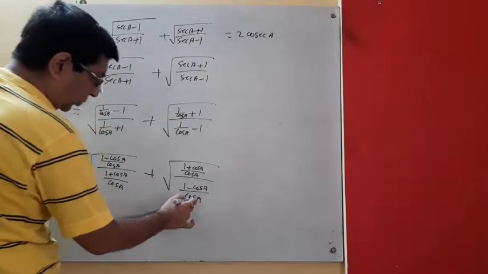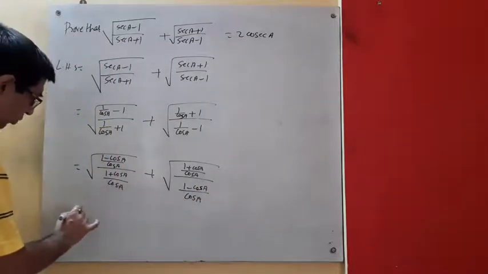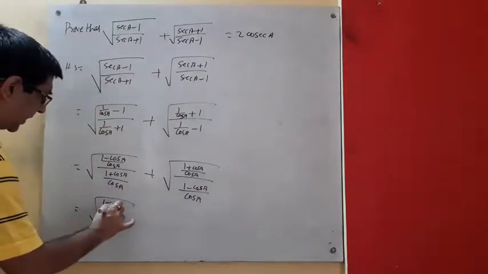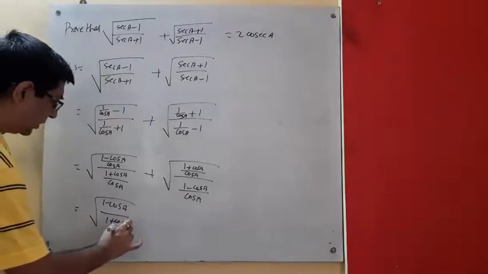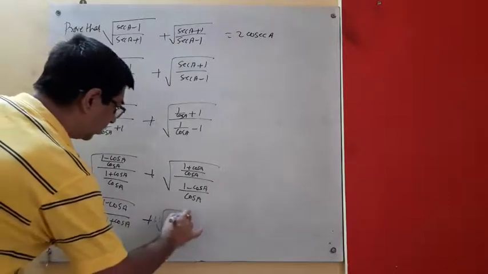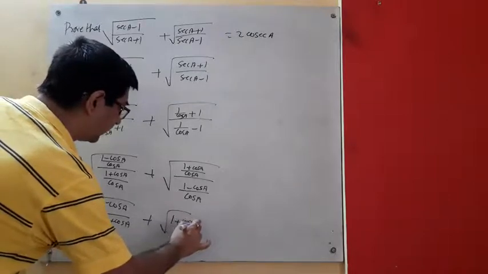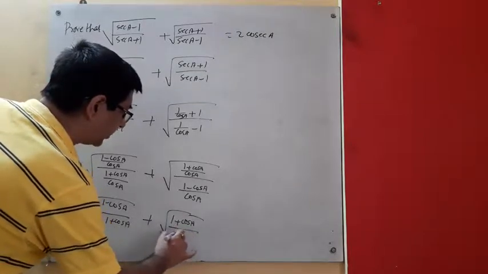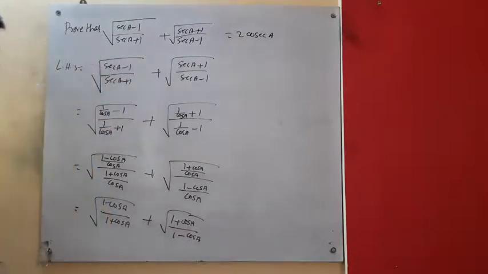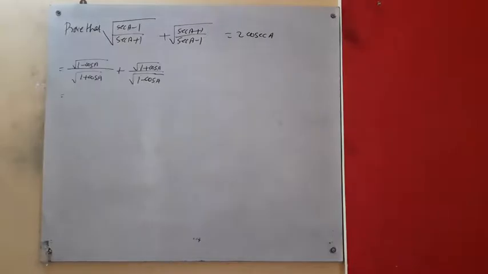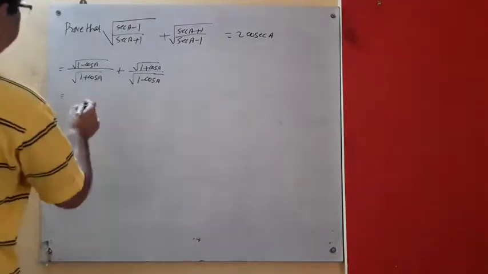Look, this portion cancels, this one cancels. So what are we getting? 1 minus cos A by 1 plus cos A, and 1 plus cos A by 1 minus cos A. Now what will I do? I will go for the LCM, right? Now this one I have written here.